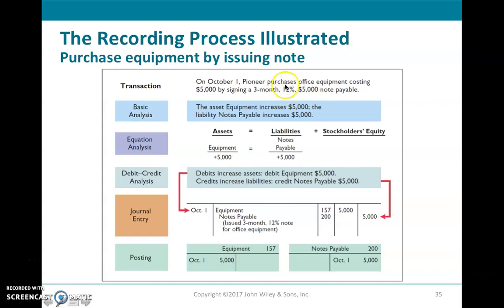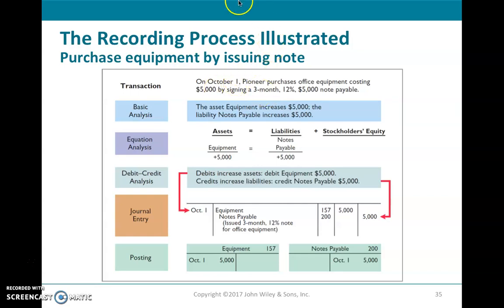Now, the interest is always for 1 year, but since they borrowed it for 3 months, they only have to pay 4% on the 5,000 for that period. And in financial accounting, until we get to Chapter 10, we always assume that the loan and its interest are paid at the same time, when the amount is due to the bank or to the person we borrowed money from.